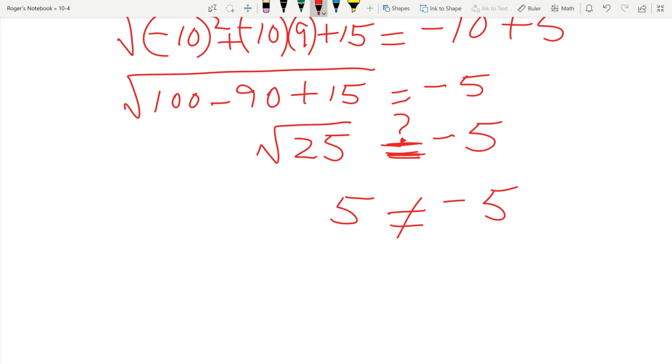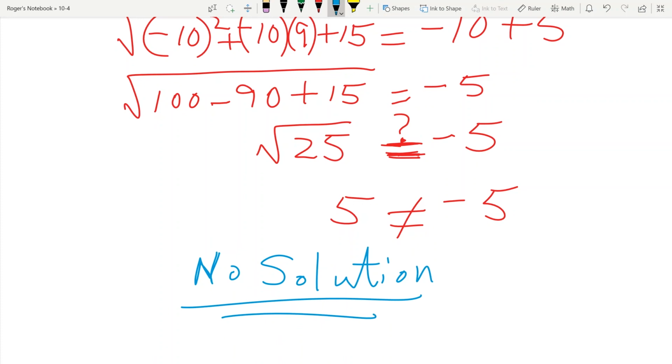So we have to conclude that this problem has no solution, because 5 cannot be equal to negative 5. Now, how would you know this really?